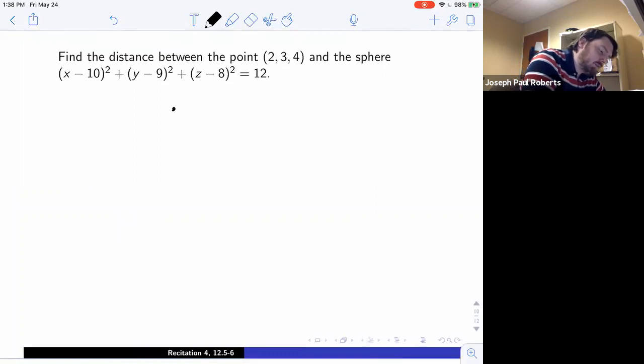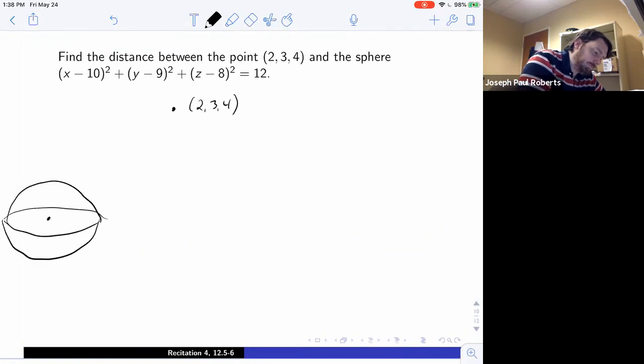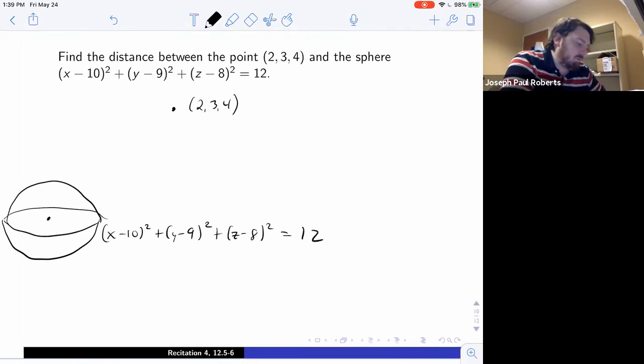Let's say I have my point 2, 3, 4 that's here. I have my sphere, let's say it's over here. So (x minus 10) squared plus (y minus 9) squared plus (z minus 8) squared equals 12. And I want to find this distance.